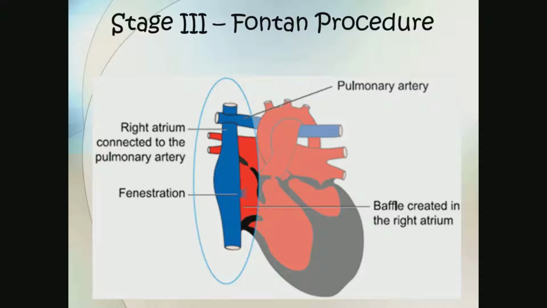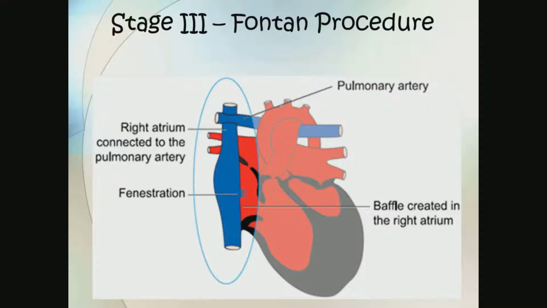I'm taking all my blood coming back from my body and I'm directing it to the pulmonary artery without going through the heart. So again, it requires a passive mechanism. All the blood that is going to the systemic circulation is going through what was the pulmonary artery that's now been anastomosed to the aorta. So we have basically doctored this all up in the process.